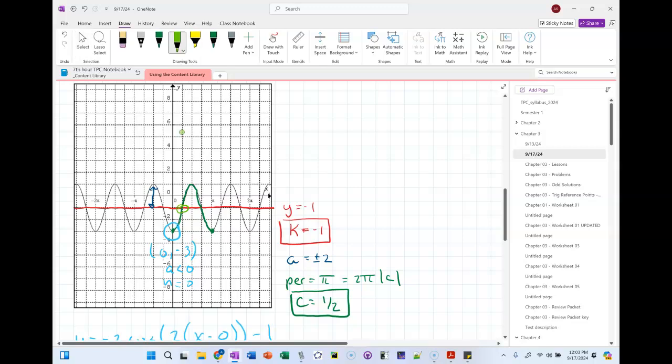I count 1, 2, 3, 4 tick marks that make up pi. So that's pi over 4. So that tells me the h is pi over 4. Now, is the a positive or negative? Positive, because if I look at the next extrema, it's a maximum.